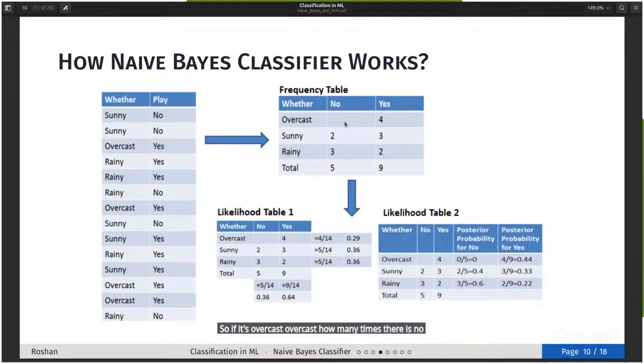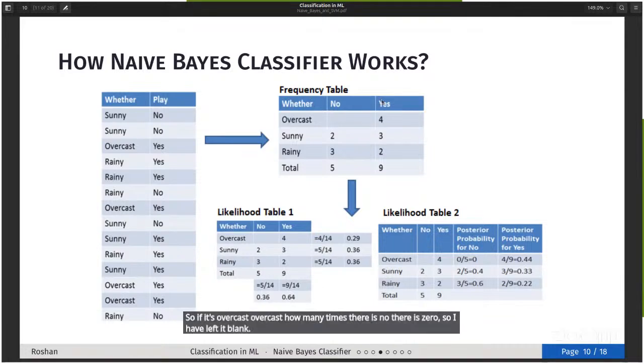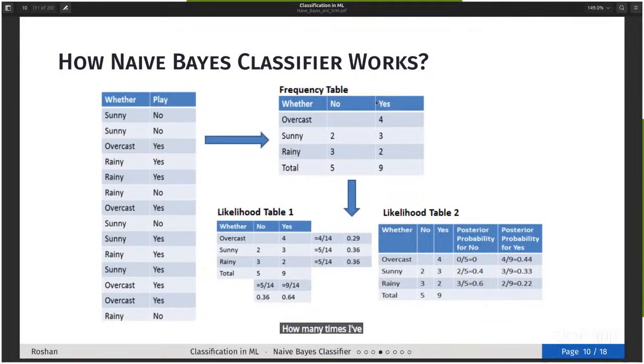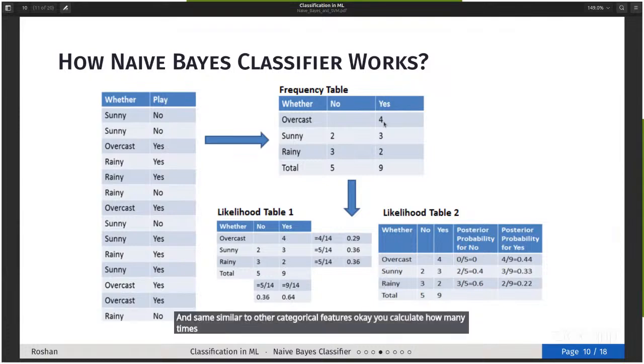There is zero, so I've left it blank. How many times have I said yes? It's four. And similarly for other categorical features, you calculate how many times there is no, how many times there is yes. You basically populate this whole table.